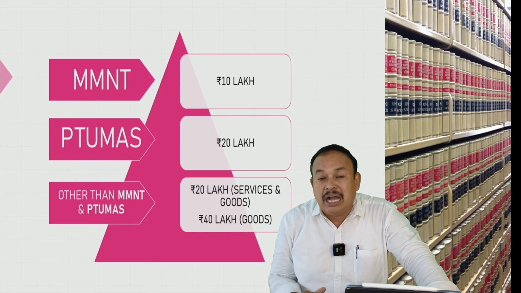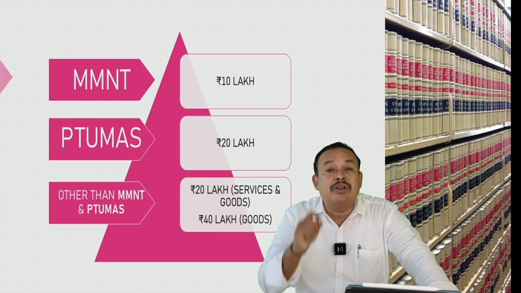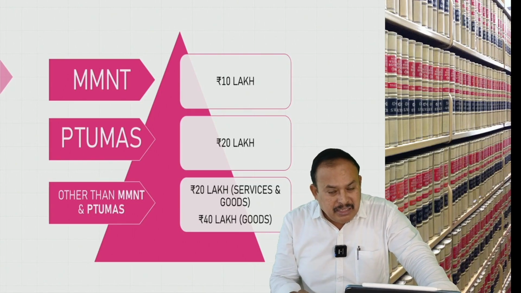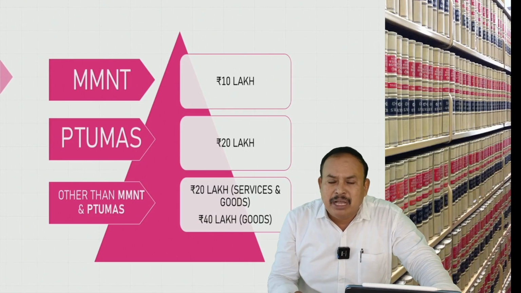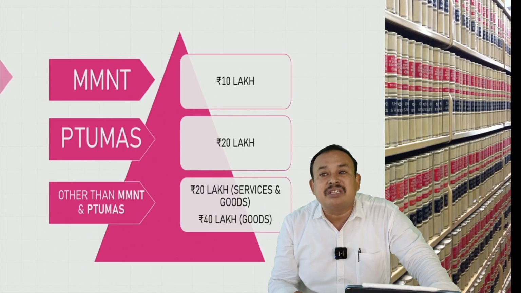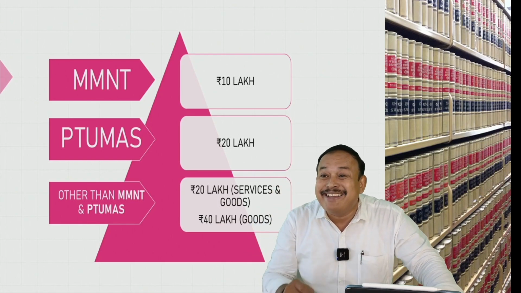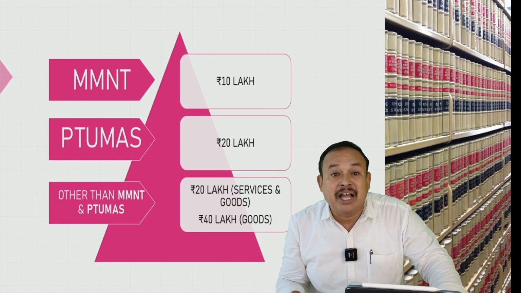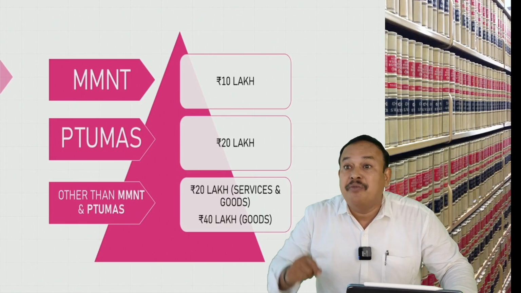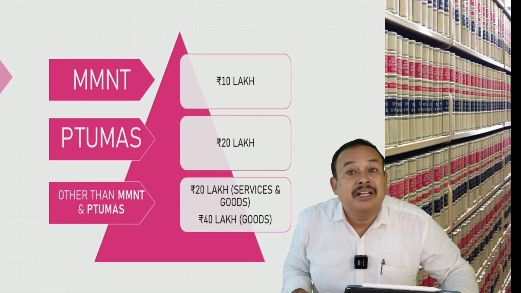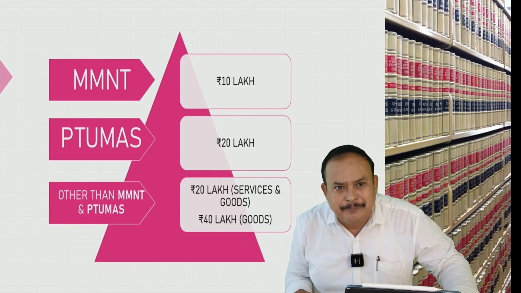Now, I want to bring to your notice one important highlightable point. Composition scheme. Have you did composition scheme? Where we understood while computing the aggregate turnover of 75 lakhs or 150 lakhs for few service providers, how much we said? 50 lakhs. We discussed or not?